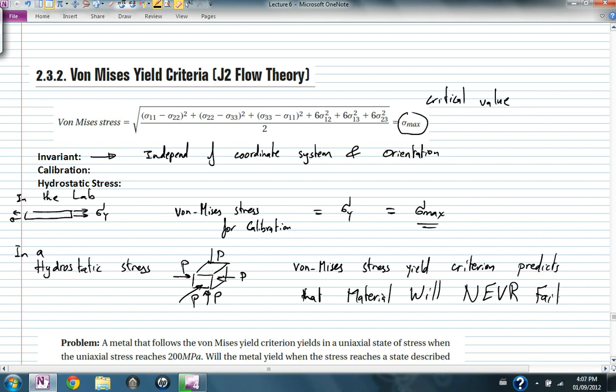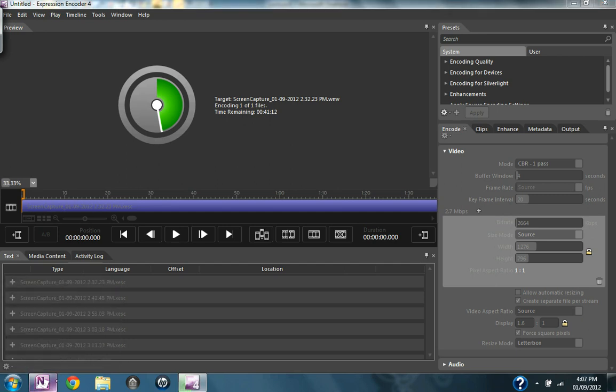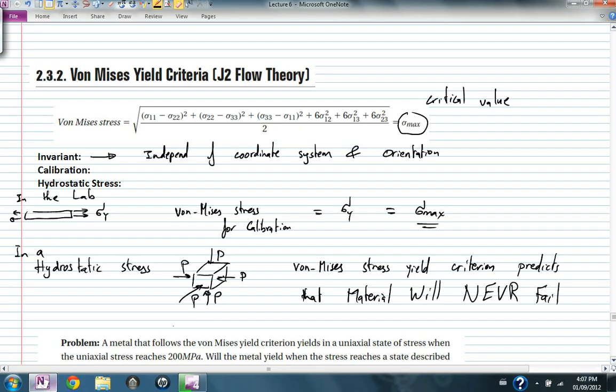Not only this, the von Mises stress also predicts the same failure pattern for sigma and negative sigma.